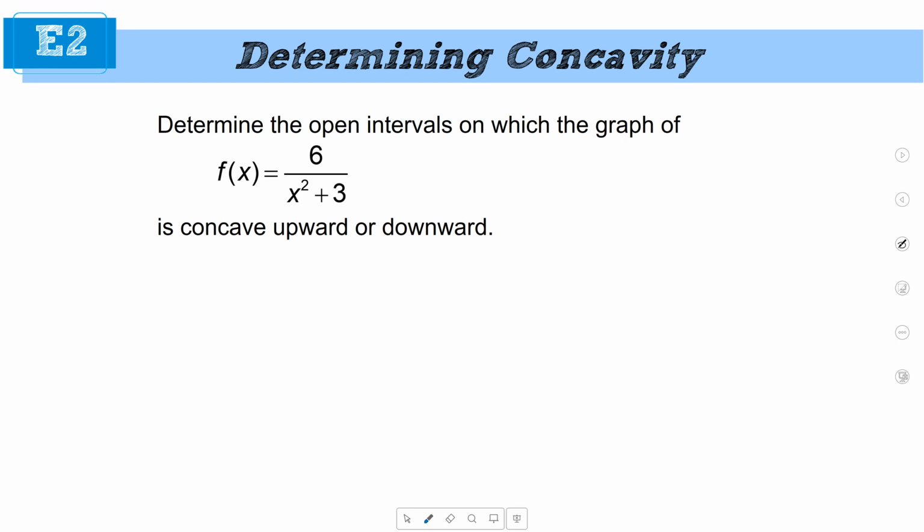Fine. Remember, don't multiply out denominators.